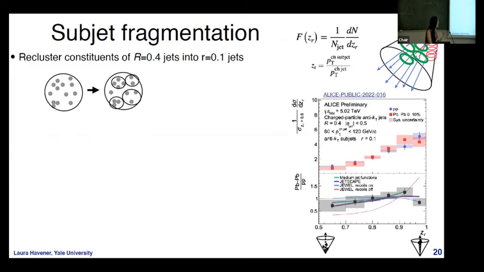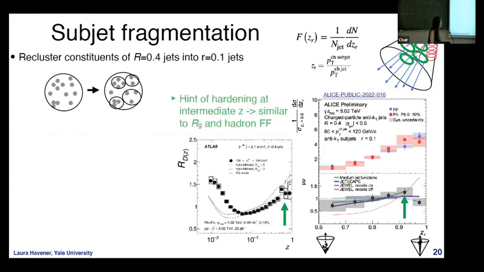Another nice new measurement from ALICE of subjets inside of jets is this subjet fragmentation function. Here, the R equals 0.4 jets are reclustered into smaller subjets, and then all of the subjets are used to measure a parton level fragmentation. If you focus on the bottom, it's the ratio of the lead to the PP.